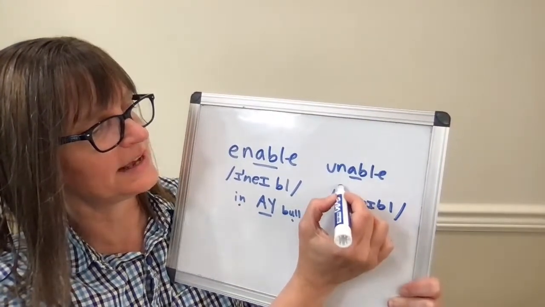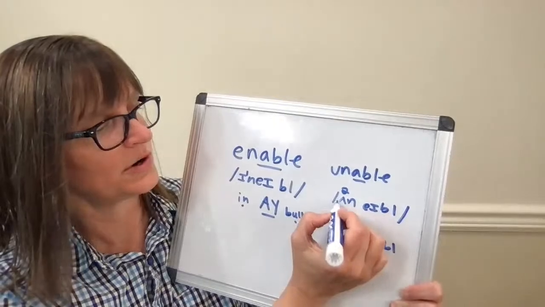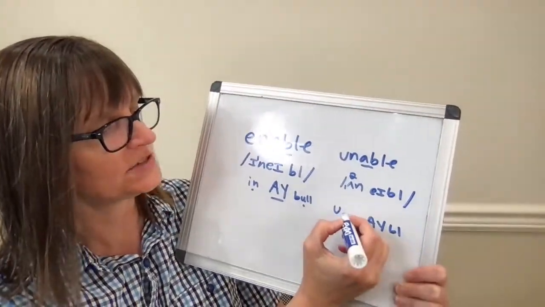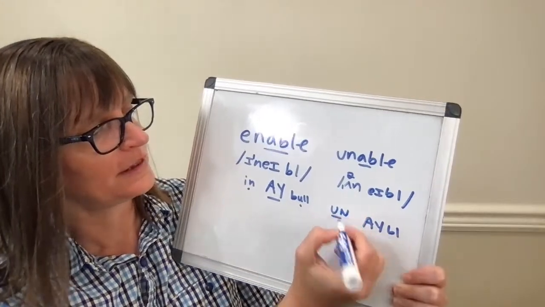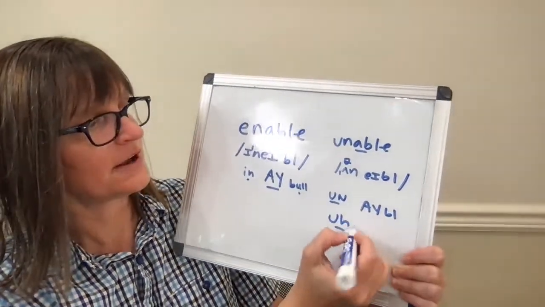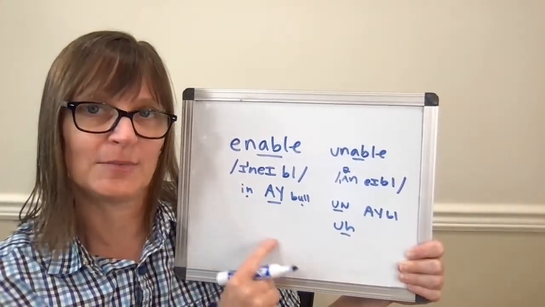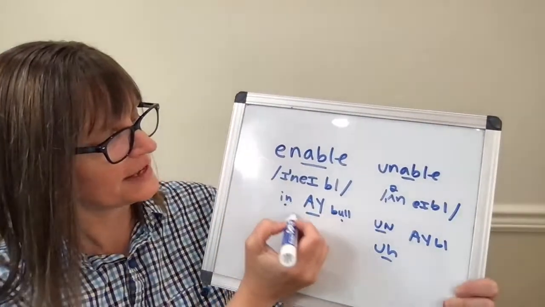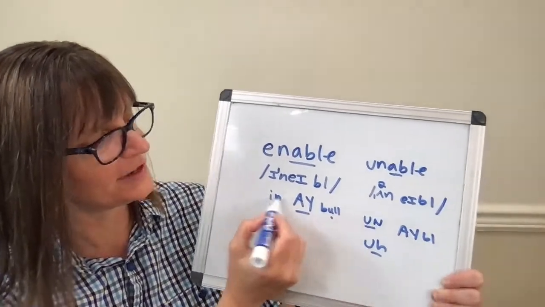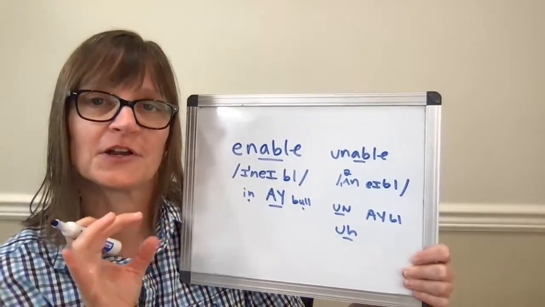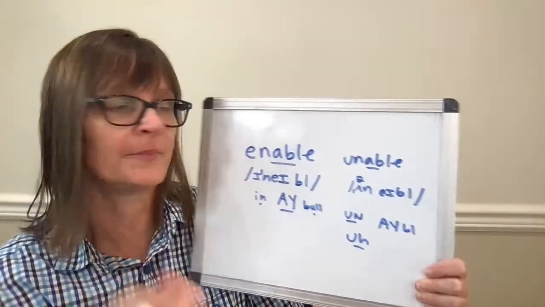You might see it as an unstressed schwa or see a secondary stress marker and a stress schwa, but you want to just make sure that you have clearly an uh sound on this one, unable, and an ih sound on this one, enable. It's almost like there's a syllable here, but almost no vowel before that N, whereas this one you want to make sure there's a clear sound, unable.